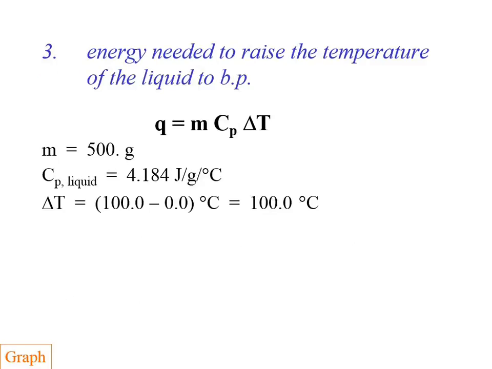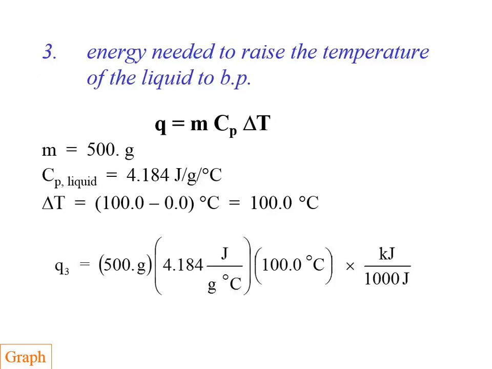Okay. So Q3 looks like this, where we're using Q is equal to MC sub P delta T. Again, this is the liquid. We're just basically going from the freezing point temperature to the boiling point temperature. So our delta T is 100, isn't it?